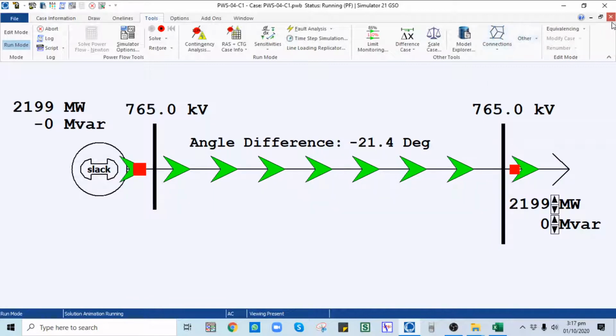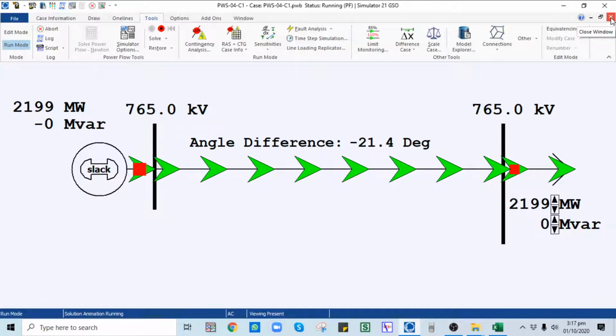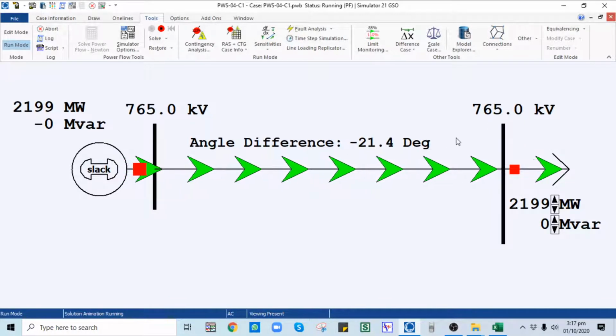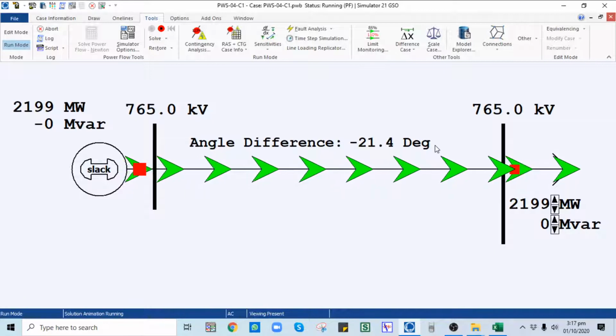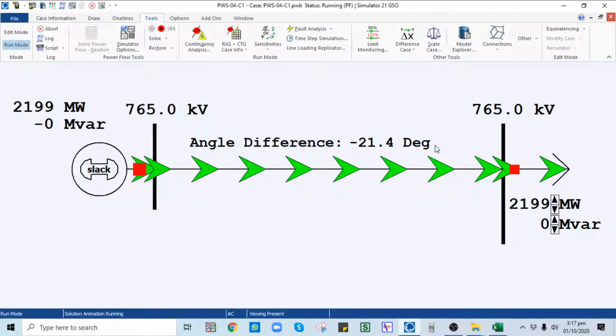Similarly, in order to see the effect of series compensation, as we have studied in the last lecture, that when we increase the reactive power compensation at load end, the voltages are improved.